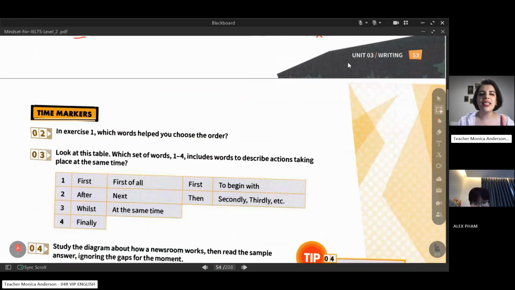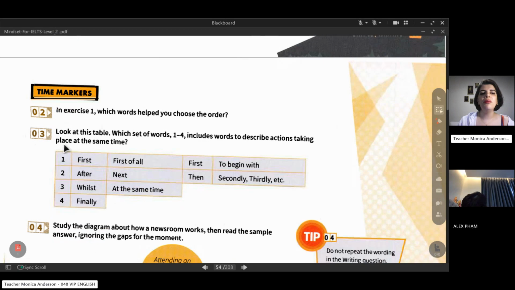Now, look at this table. Which set of words includes words to describe actions taking place at the same time? For example, like the synonym first, or at the same time.